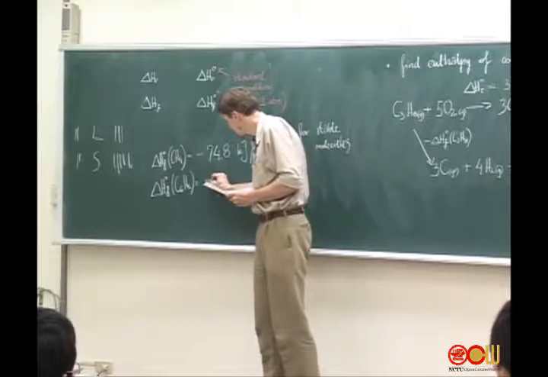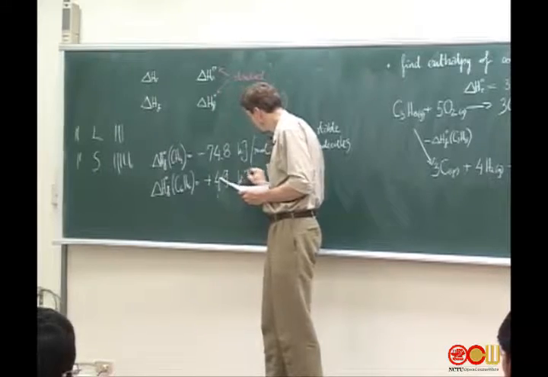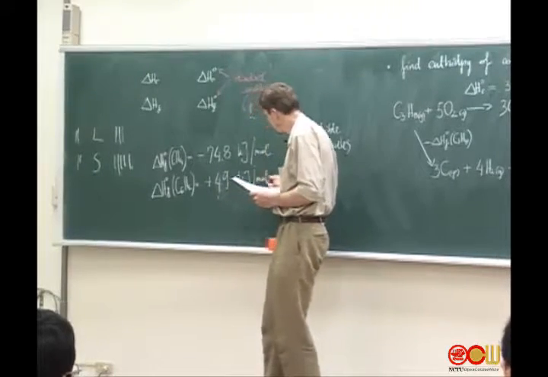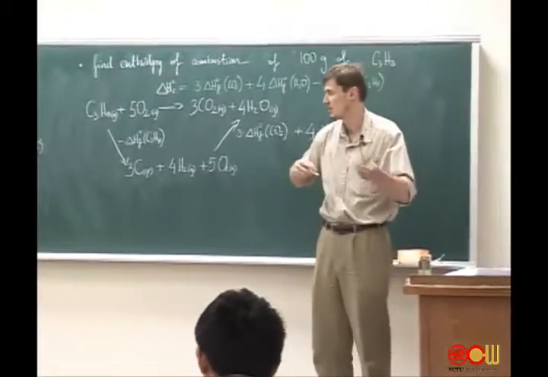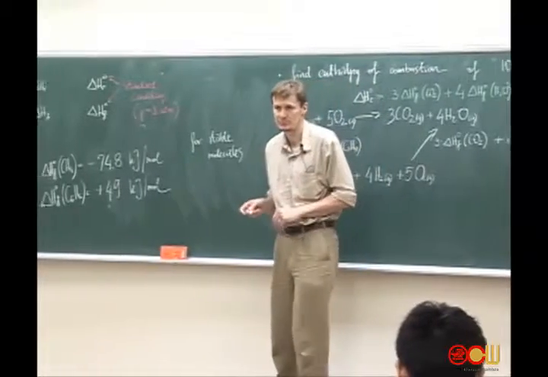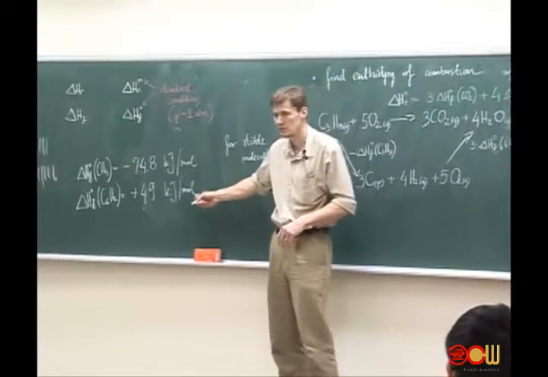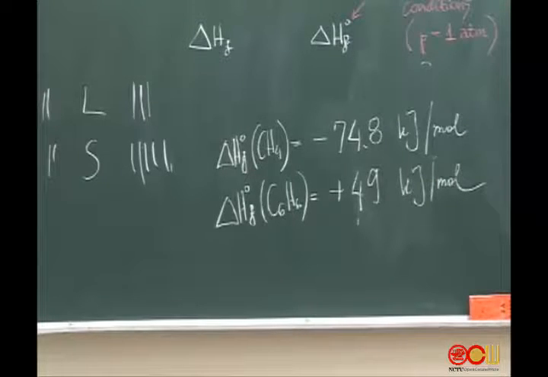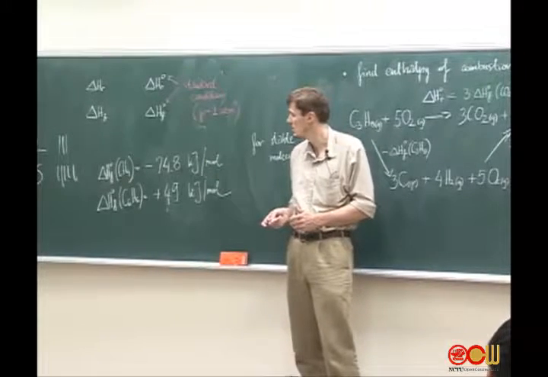This one is plus 49 kilojoule per mole. Turns out that I don't say random, but it can be both. Usually for big molecules it's positive. So making a big molecule requires energy, in fact. But making small molecules usually gives you energy.